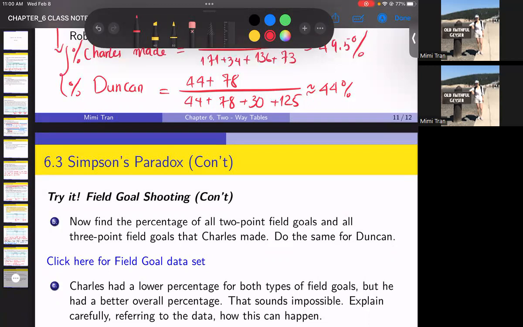One more parenthesis in the front here. Comma 4. That times 100. I want you to do the same for Duncan. I want to walk around and see how you do.